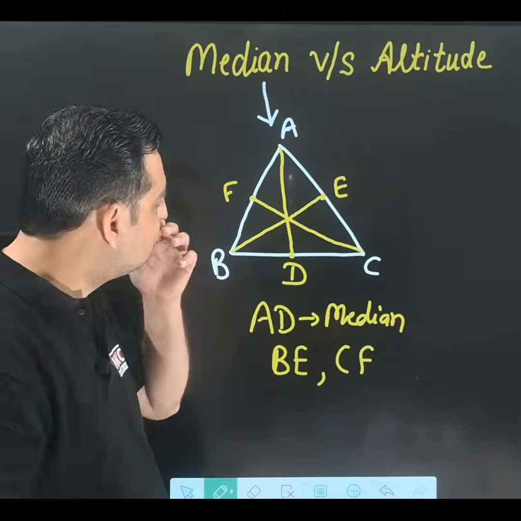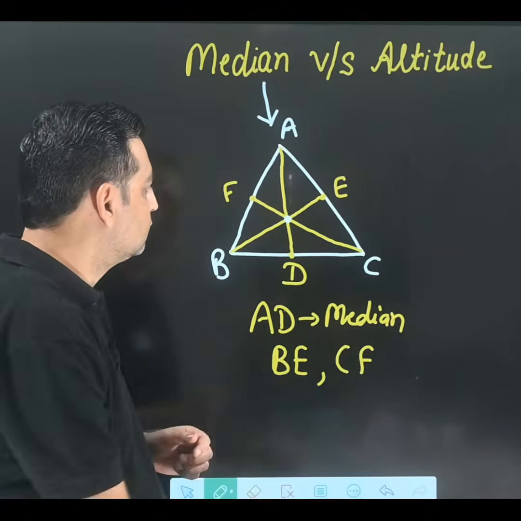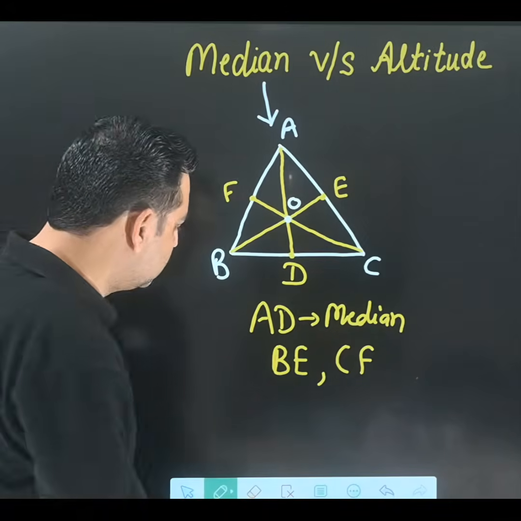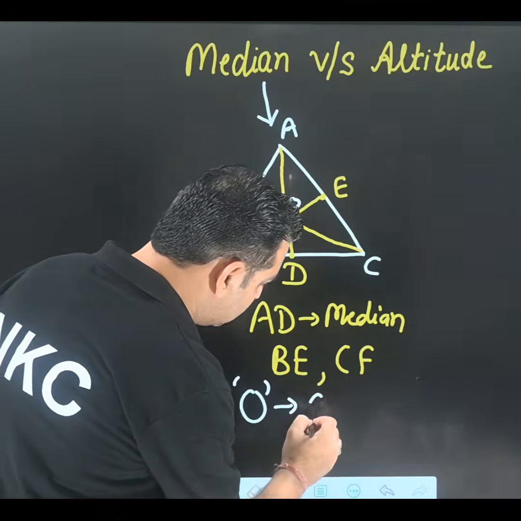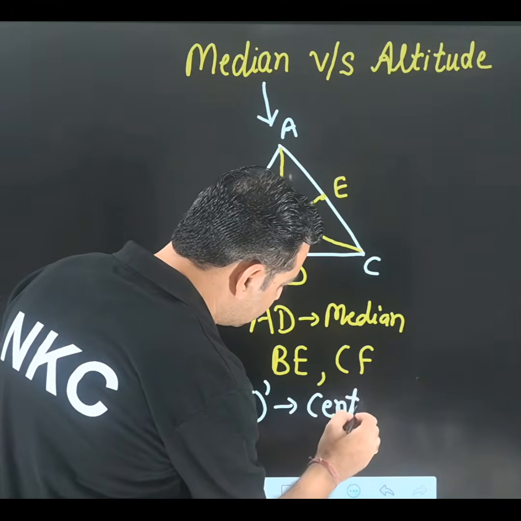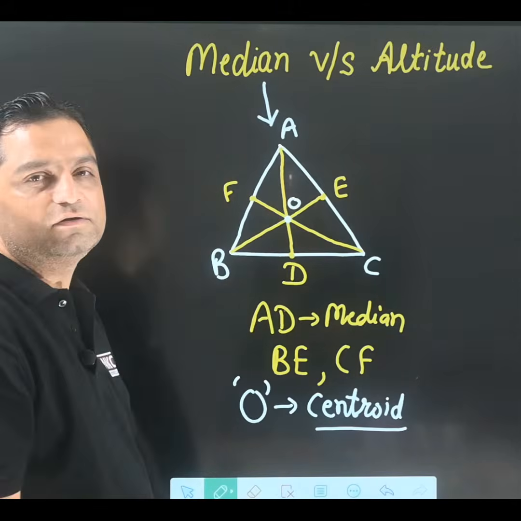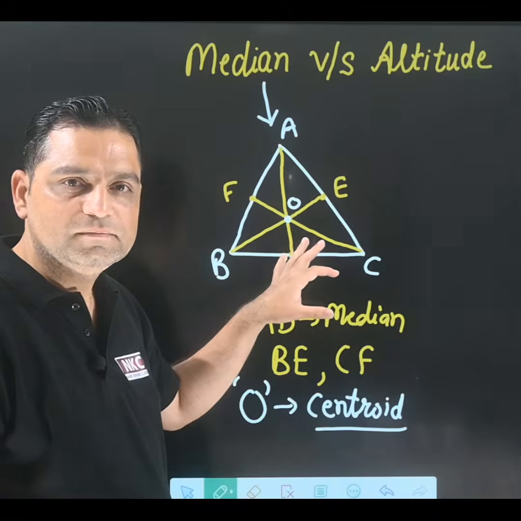Now do remember, the point where all these medians meet, let's suppose this point is named O. Do remember, it has a special name. This point of intersection O is known as the centroid of the triangle. I hope median is clear.